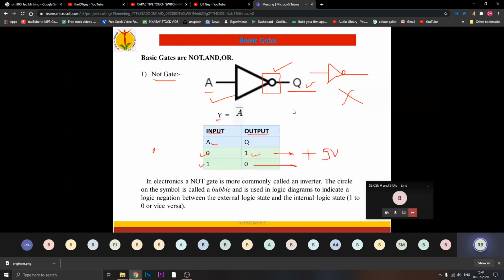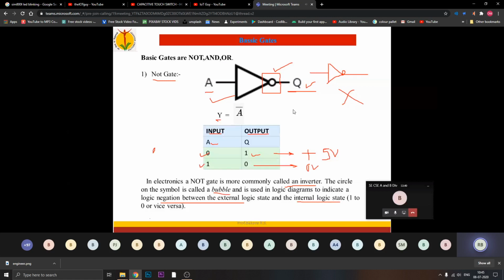In electronics, a NOT gate is more commonly called an inverter. The circle on the symbol is called a bubble and is used in logic diagrams to indicate a logic negation between the external logic state and internal logic state, 1 to 0 or vice versa, 0 to 1.